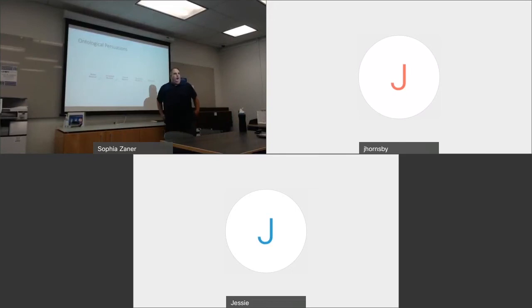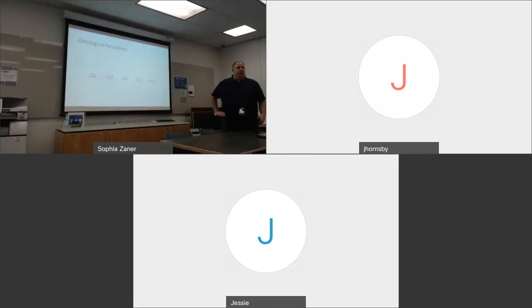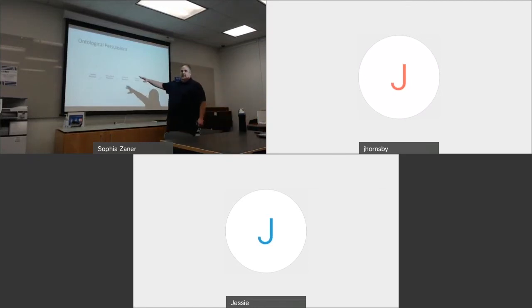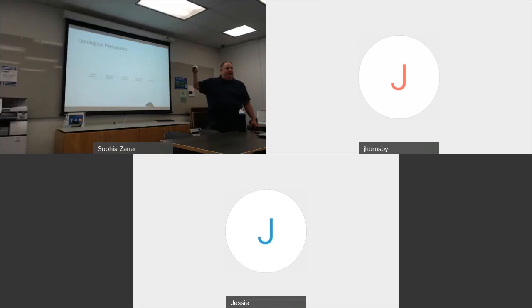So thinking about where you are in this continuum is going to lead into the types of research questions you ask. If you're more of a realist, you're going to ask questions that are going to get at getting that number or getting that specific fact.